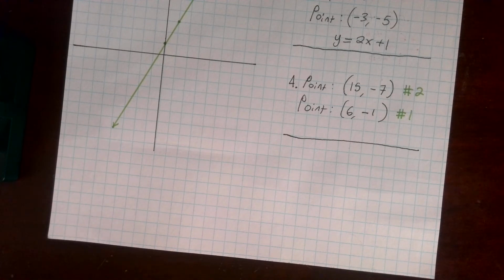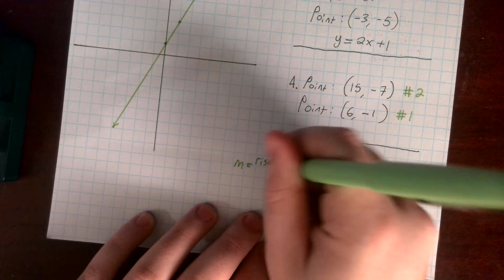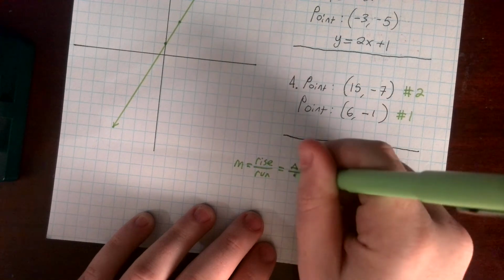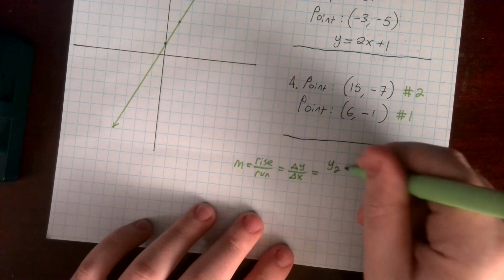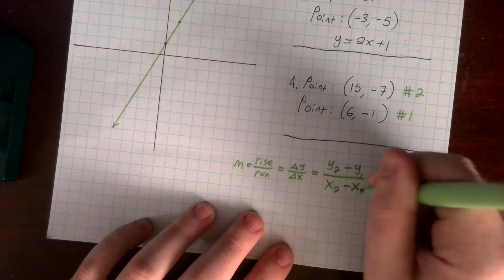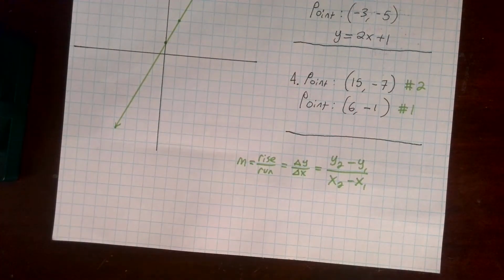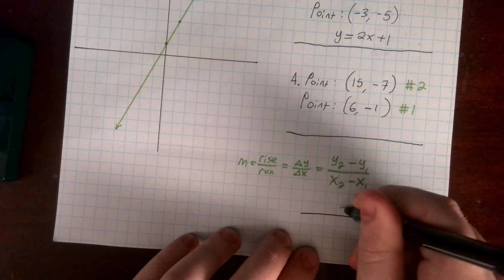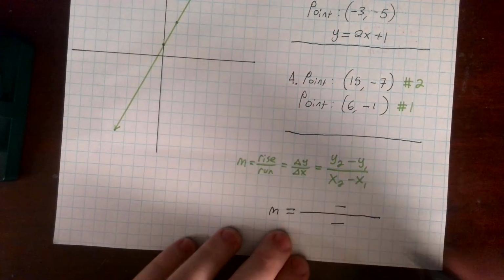Well, our long formula here told us that m is rise over run, which is the same as the change in y over the change in x, which is the same as y2 minus y1 over x2 minus x1. y2 is just the y value of point number 2. Well, what's the y value in point number 2?